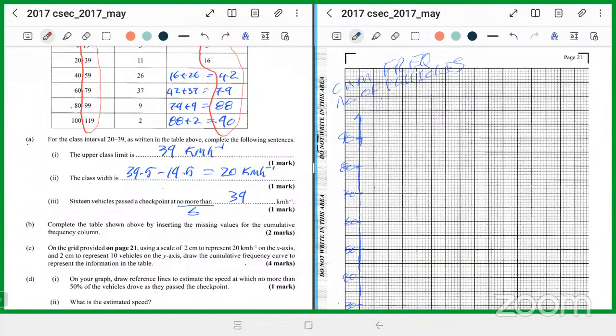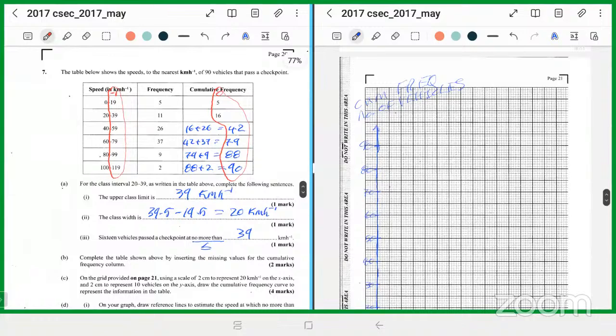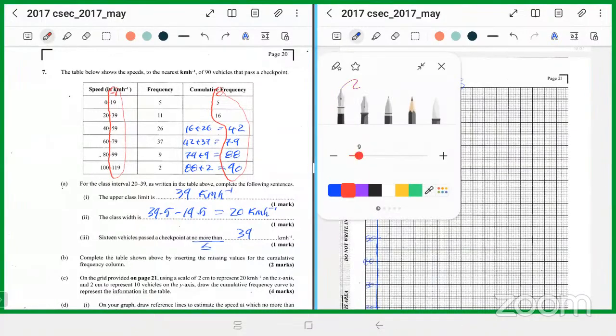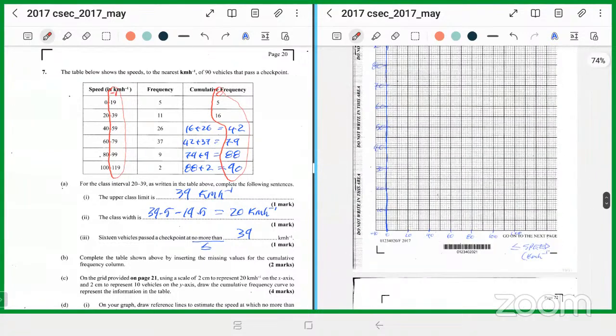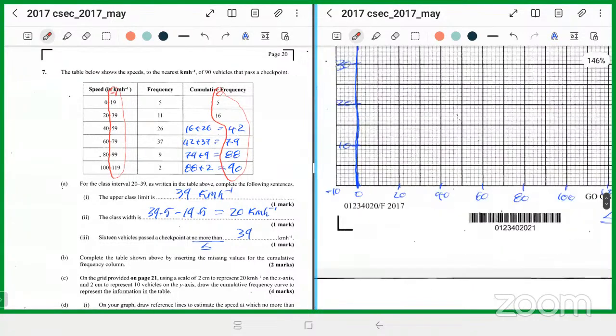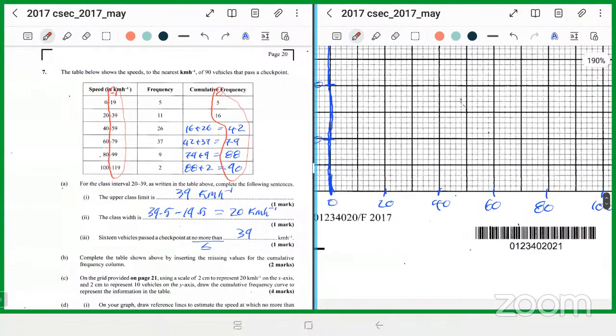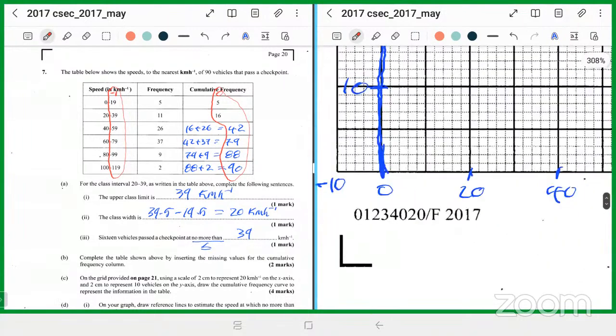I'm basically going to plot those points in red now. Plot the graph information in red. So let's plot these points first. 19, 5. So what we have to do now is recognize, based on the scale, where would 19 be? What is each of these small lines?